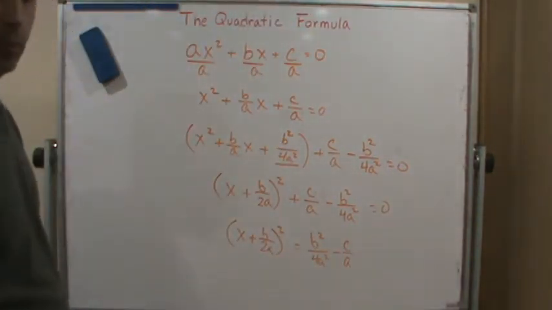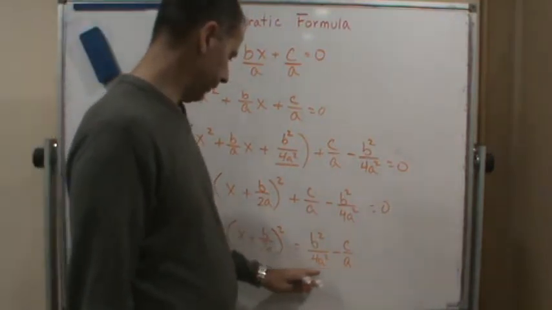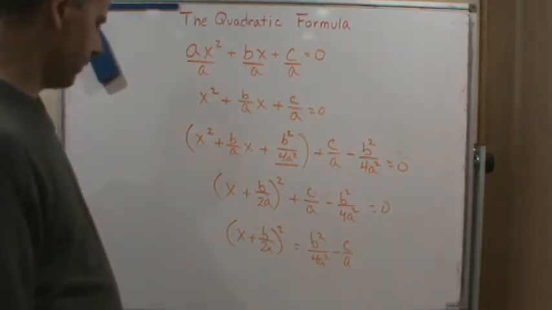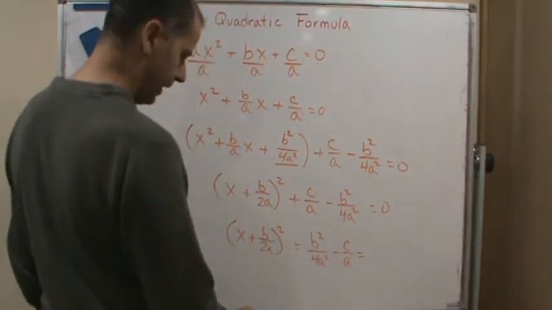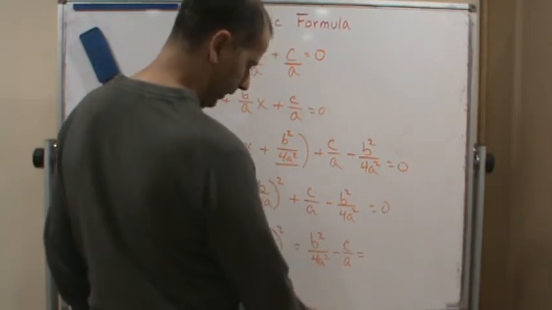Okay, now I want to get a common denominator here. So let's get a common denominator. I've got a 4 here, and I'm missing a 4 and an a over here.